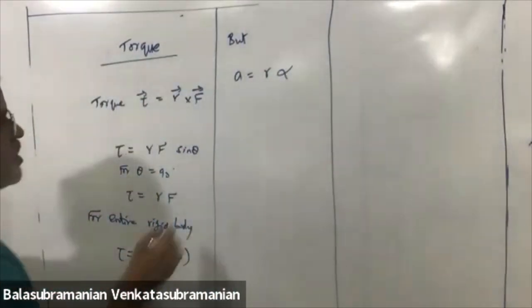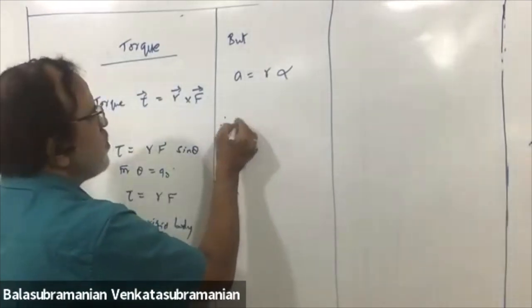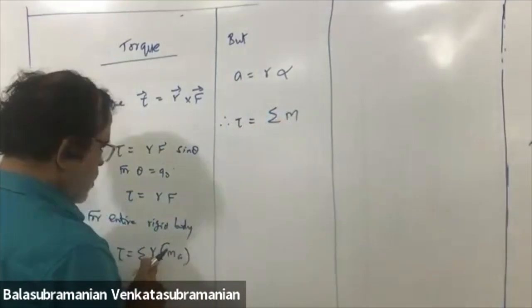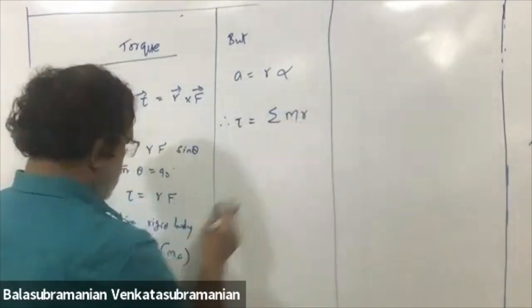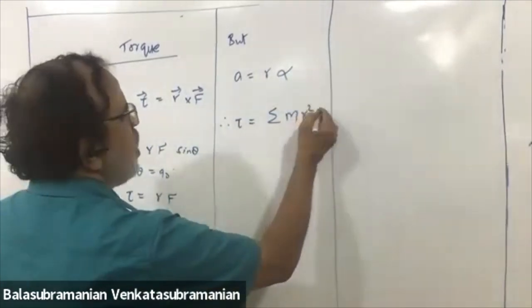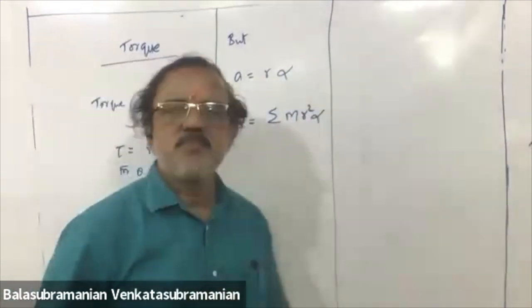So I can write tau is equal to sigma m r, a is r alpha, so r square alpha.